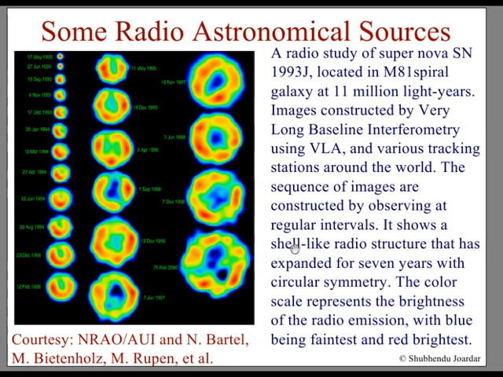It shows a shell-like radio structure that has expanded for 7 years with circular symmetry. What it means is that it maintains its shape but increases its spread. The color scale represents the brightness of the radio emission, with blue being faintest and red the brightest.